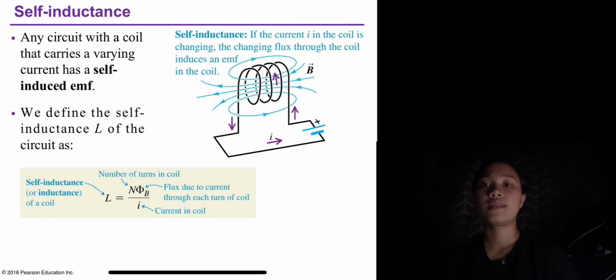So we have here an analogy that will help clarify this idea. Now, imagine pushing a heavy shopping cart. When it is at rest, it resists starting, of course. But once it's moving, it resists stopping.